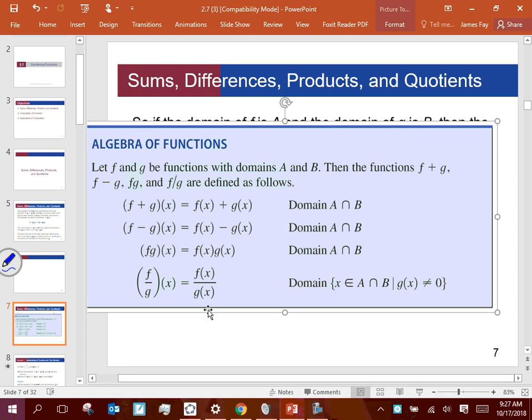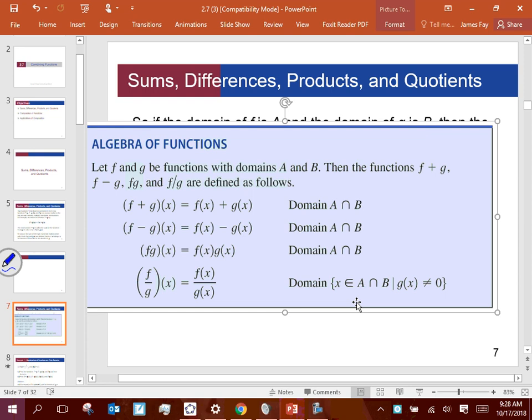So that weird notation down there, let's read it. It just says the domain are your x values, and our x values are coming from the real numbers. But they are elements of the domain A intersect B, the overlap between the domain of f and the domain of g.